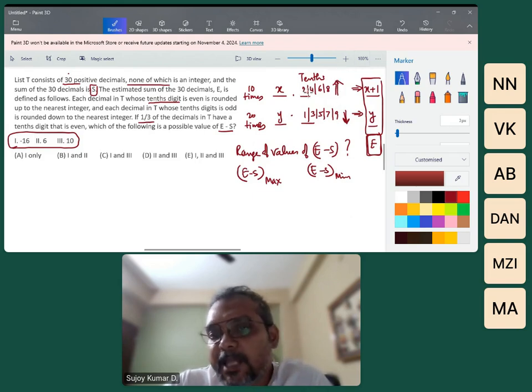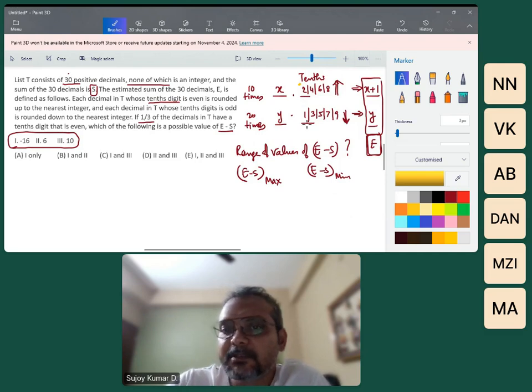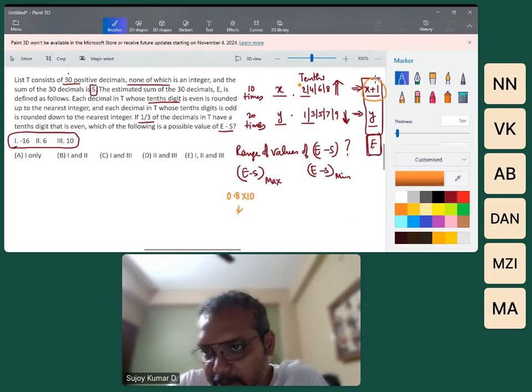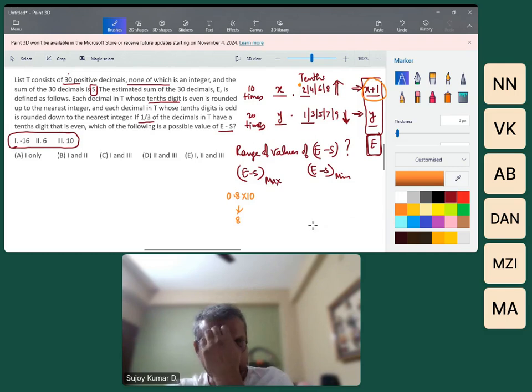So rounding up will happen by a big amount if we round up from 0.2 to the next number. So rounding up will happen by a value equal to 0.8. 0.8 will be the round up. How many times? 10 times. So that means there will be a total increase here of 8 values.